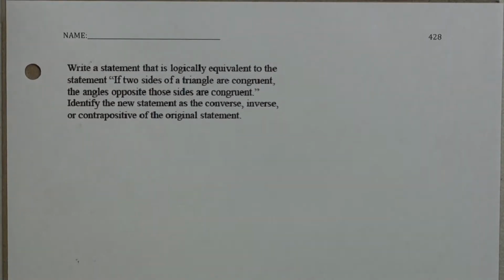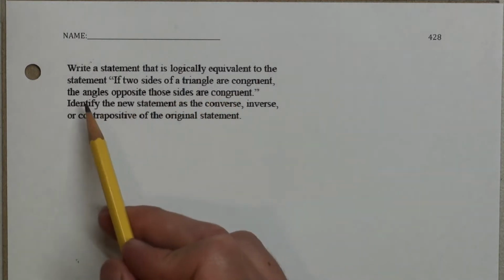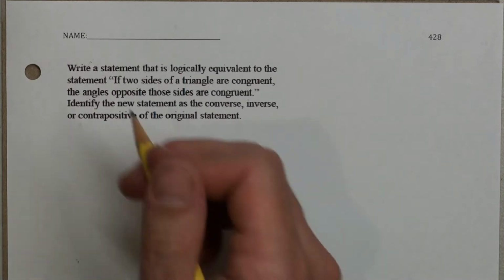Write a statement that is logically equivalent. That means write the contrapositive to the statement. If two sides of a triangle are congruent, then the angles opposite those sides are congruent.